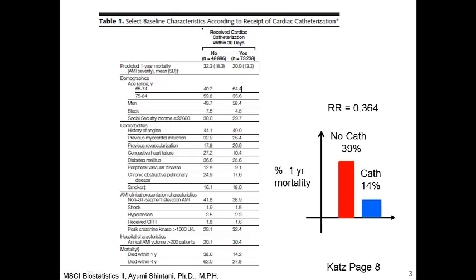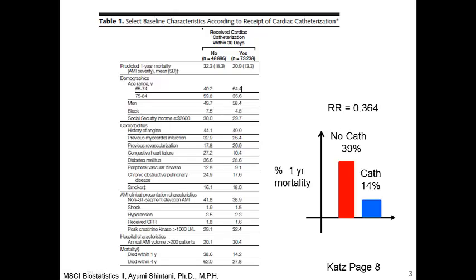The percent of diabetes is 28.6% in the catheter group and 37% in the non-catheter group. And how about this one? Hospital characteristic. This is the percent of patients who are hospitalized in a hospital whose annual AMI volume is greater than 200 patients. That's 30% for the catheter group and 20% for the non-catheter group.